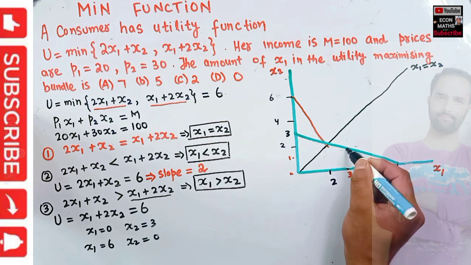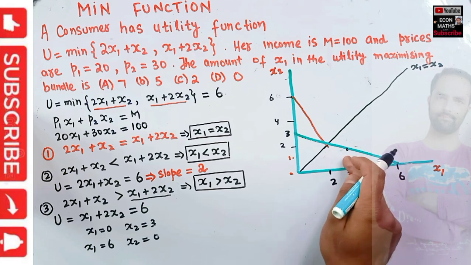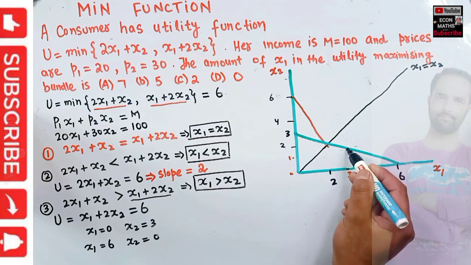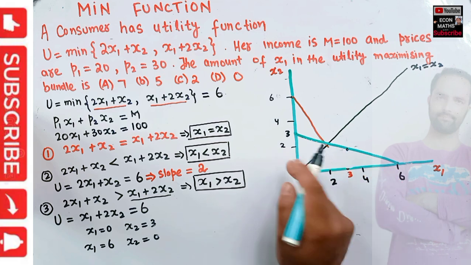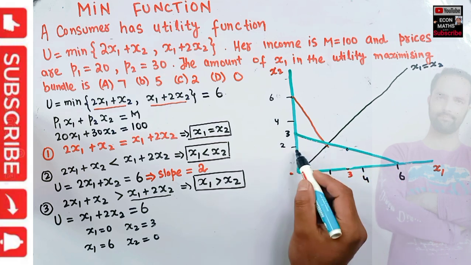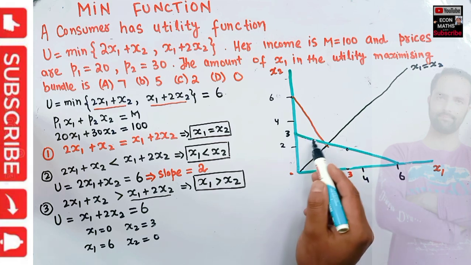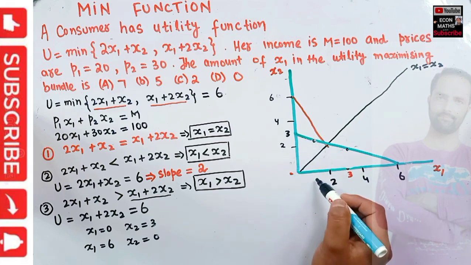Actually, our indifference curve will be in this part, because here the case is where x1 is greater than x2, and in this part x1 is less than x2. Taking any point, let us say this point, here x2 is 2 and x1 is only 1.